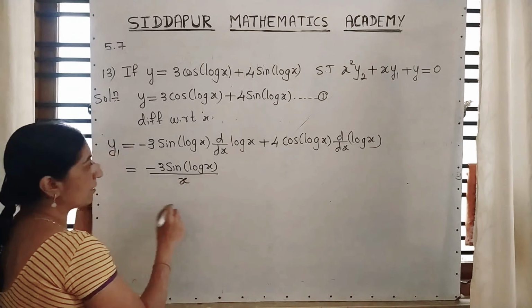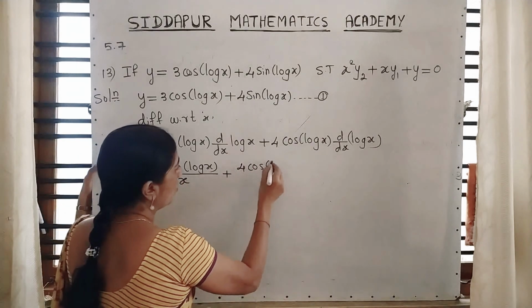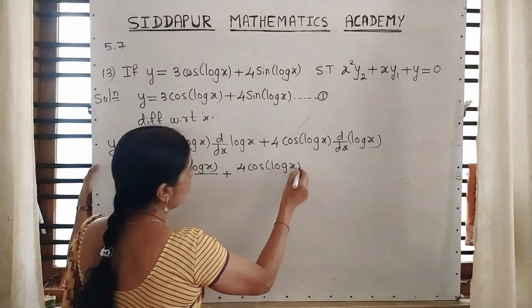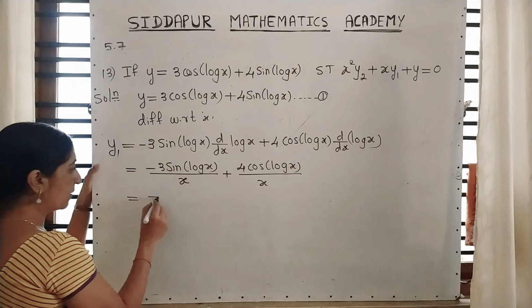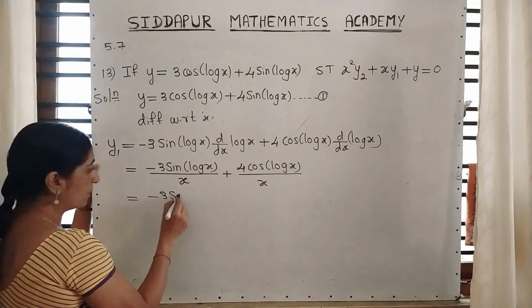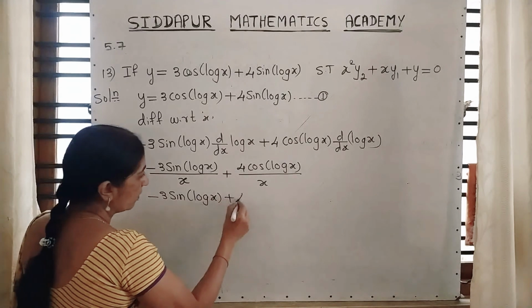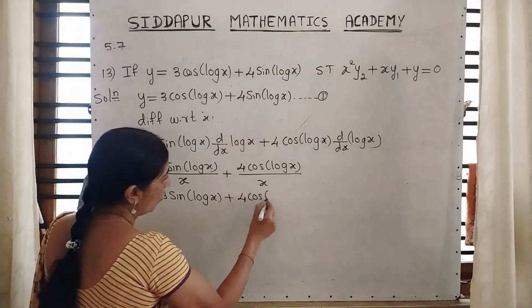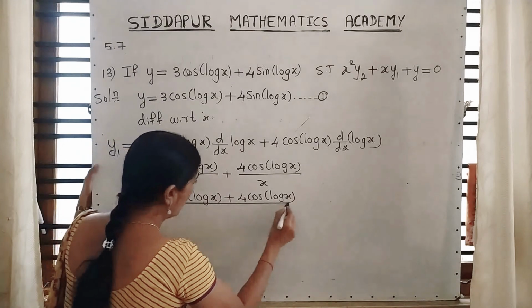So this is minus 3 sin log x. Differentiation of log x is 1 by x. Plus 4 cos log x. Differentiation of log x is 1 by x. Take the LCM. Minus 3 sin log x plus 4 cos log x whole upon x.